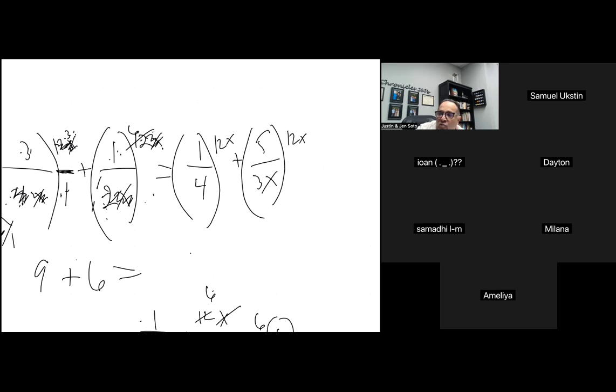If I reduced 12 over 4, it would reduce to 3 over 1. Is that correct? Yes? Okay. So let's go ahead and do that. 1, 3. So the x still has to stay because there's no x here. 3x times 1 is 3x.